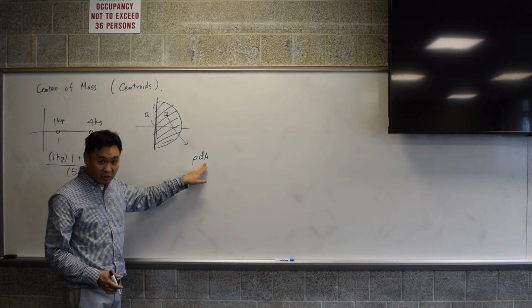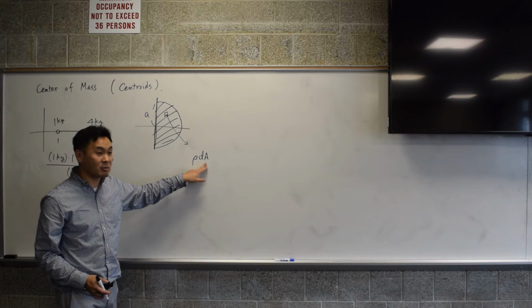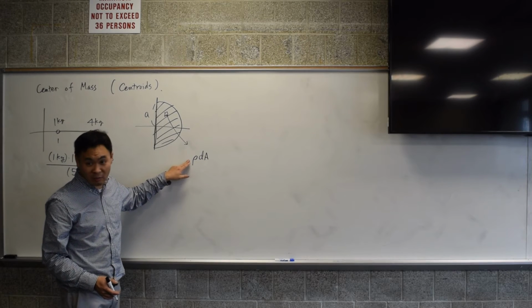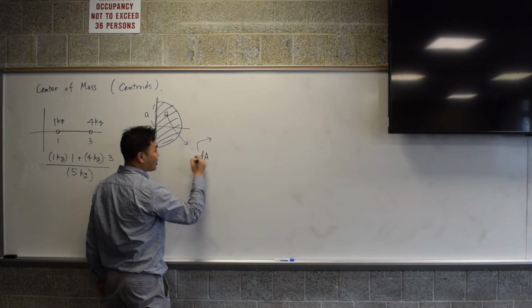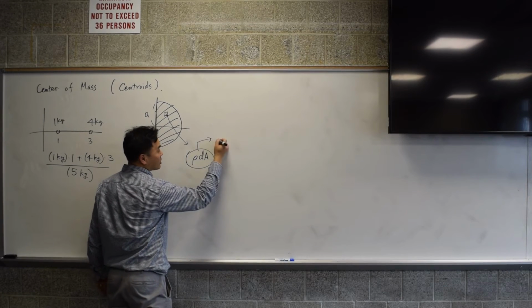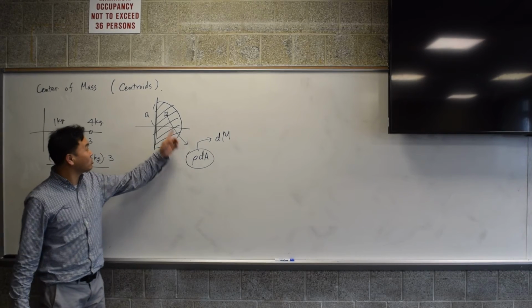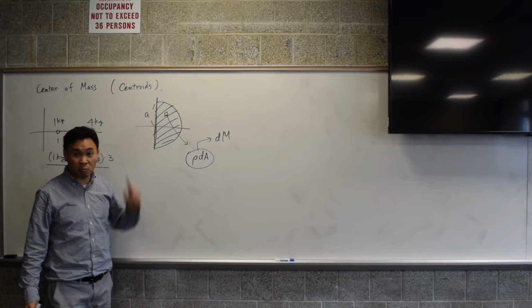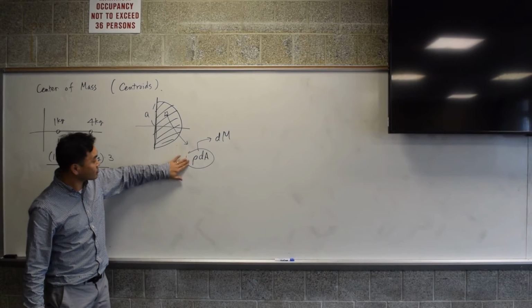Density times the area is going to give you what? It'll be the mass, because the rho that I'm talking about here is the surface density. So this much here is actually dm. It's actually the mass of this very, very small portion. That's what we're going to do. Okay.